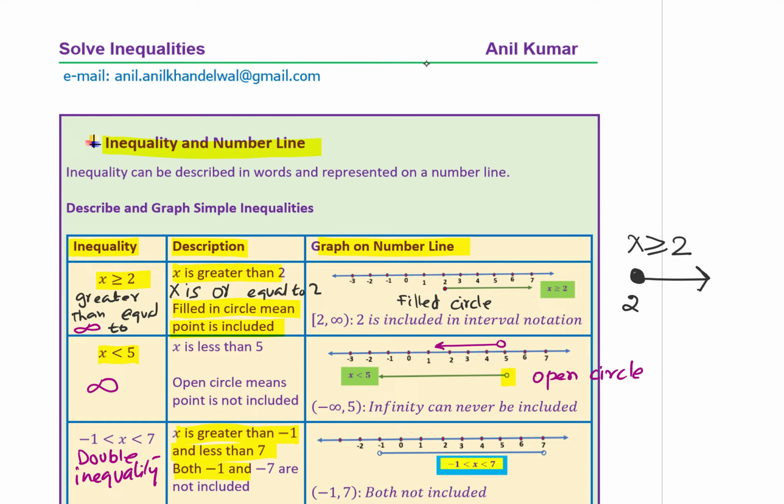Both -1 and 7 are not included since the equal to sign is not there. On a number line, we show it with open circles on the two sides. In between, all the real numbers are included in our solution, and that is how you write this.